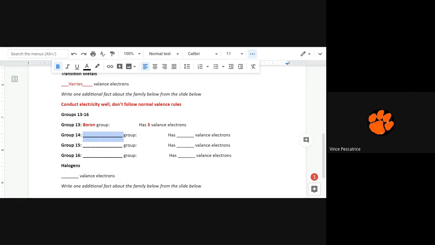Group 14 is the carbon group. Group 15 is the nitrogen group. Group 16 is the oxygen group. So we have carbon, nitrogen, oxygen.